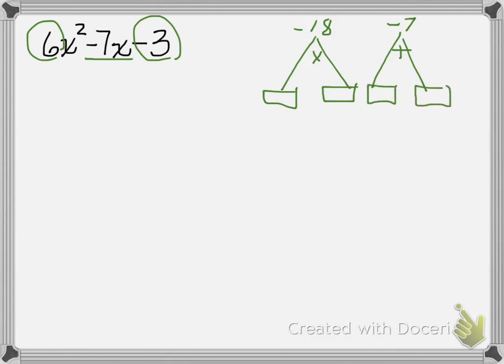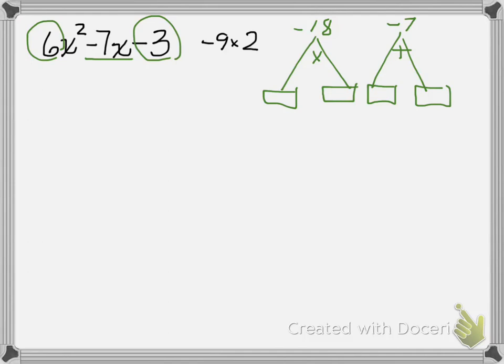Now we know that when we multiply, if we want to end up with a negative number, then one of our numbers has to be positive and one has to be negative. So it turns out that the two numbers that work here are a negative 9 and a positive 2.